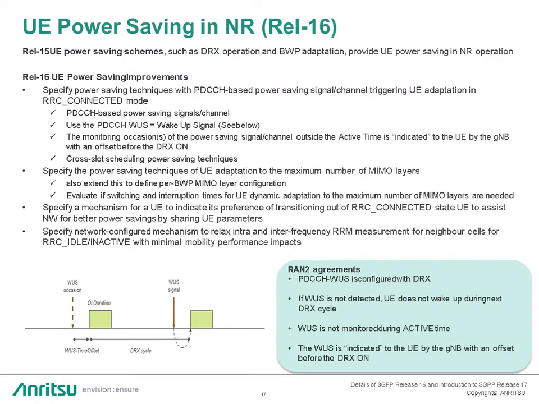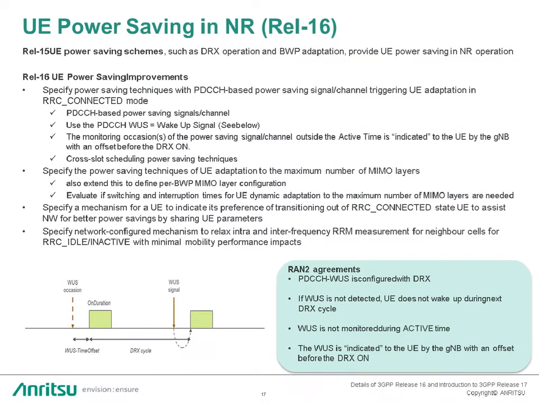Another feature is about UE power saving in NR. In release 15, there were some power saving schemes like DRX and BWP, bandwidth part, which help the UE save power. But in release 16, PDCCH based UE power saving has been introduced.